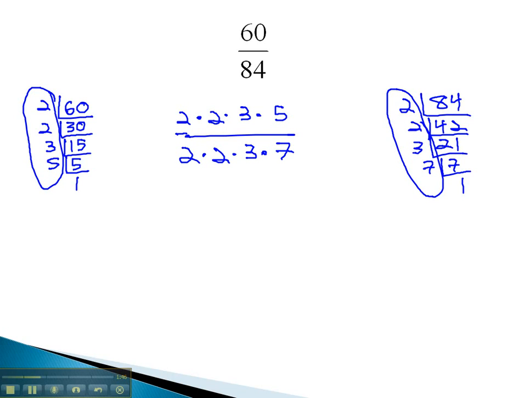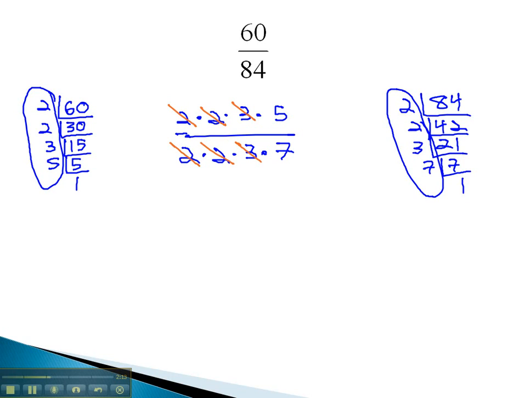And what we see is there are several factors that are in common in both the numerator and denominator. Notice we've got 2's from the numerator and denominator. Those can divide out. We got another pair of 2's that divide out of the numerator and denominator. Again, there's a pair of 3's that divide out, one from the numerator and one from the denominator.